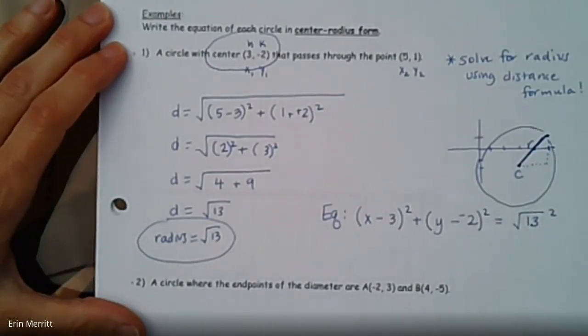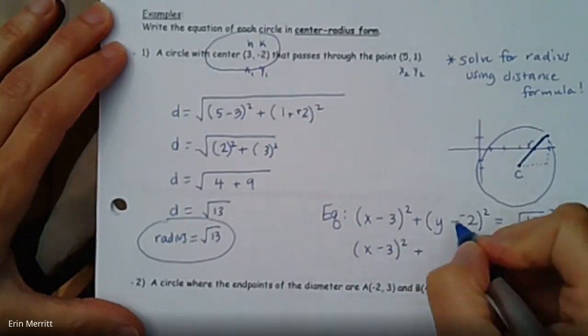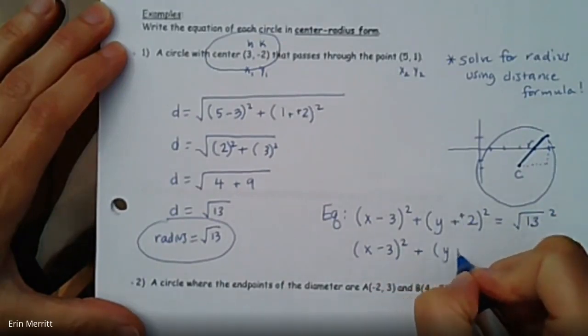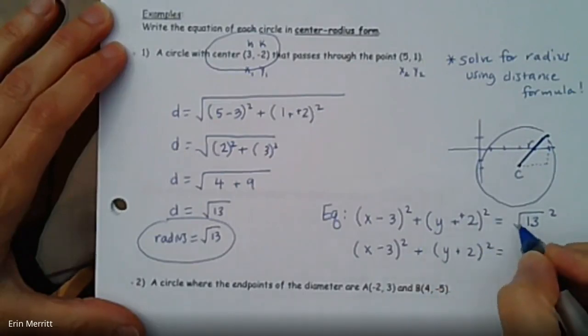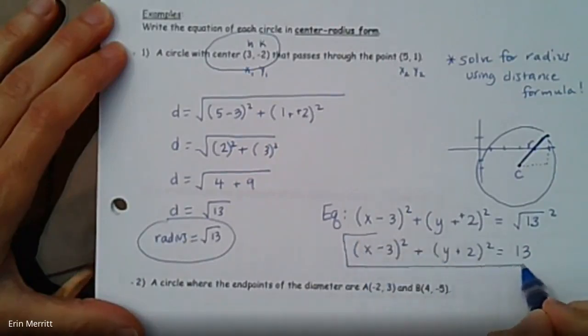All right, this is a good one to clean up. First part stays the same, (x - 3)². Second part turns into plus a positive, so (y + 2)². Last part, square root and a square, those cancel, and I'm left with 13. All right, there we go.